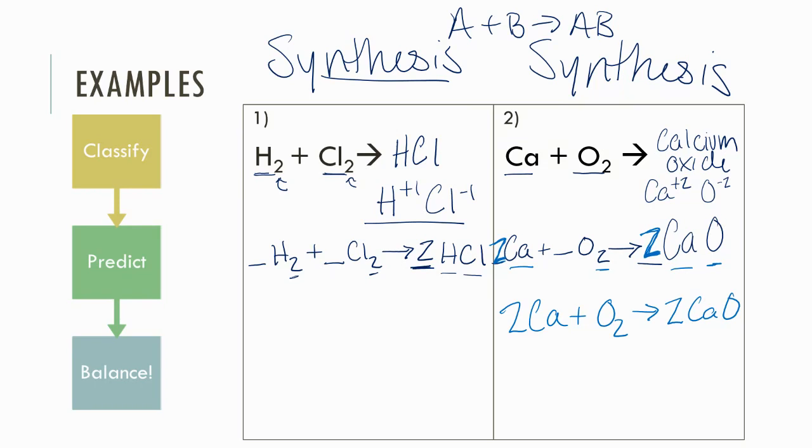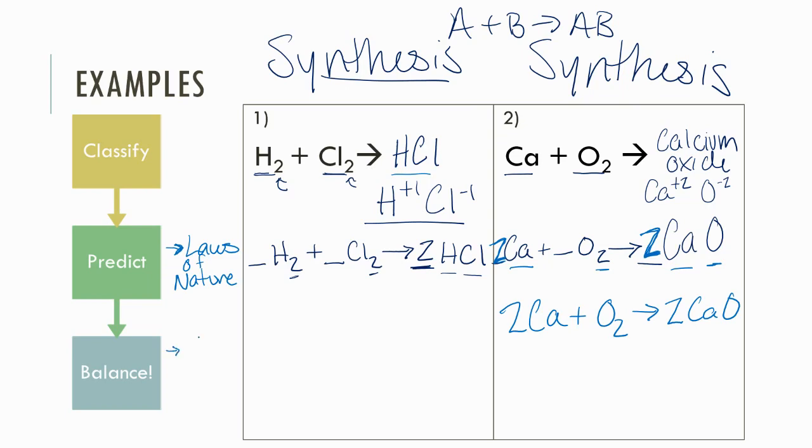All right, so always, always, always follow these 3 steps: classify, then predict using the rules we just talked about, and then balance. Essentially, in this predict stage, right, we're following the laws of nature, with diatomic elements or the way that elements will combine and their ionic formulas.